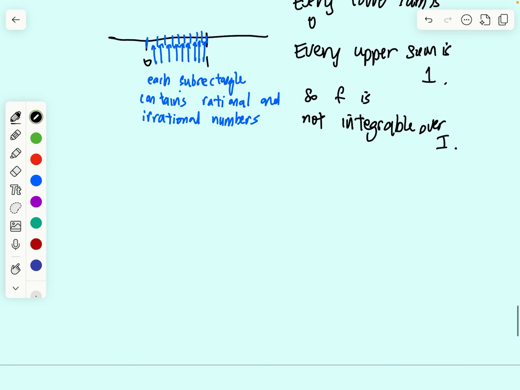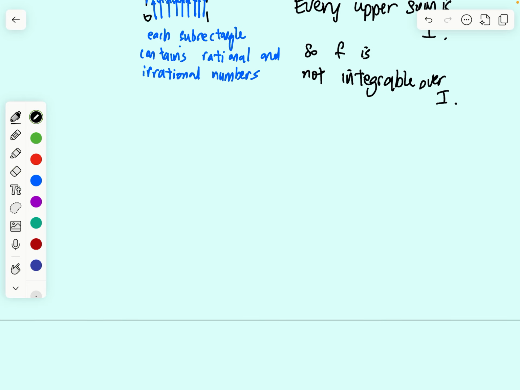Okay, so here's a condition for integrability. It's called the Riemann condition. Again, we have a rectangle Q and a bounded function f.